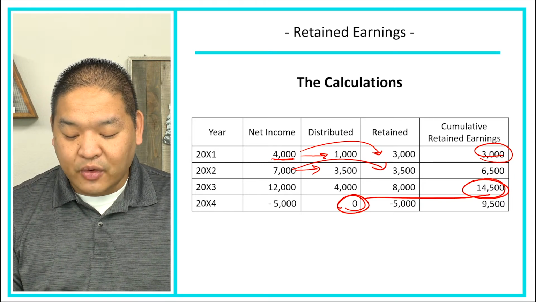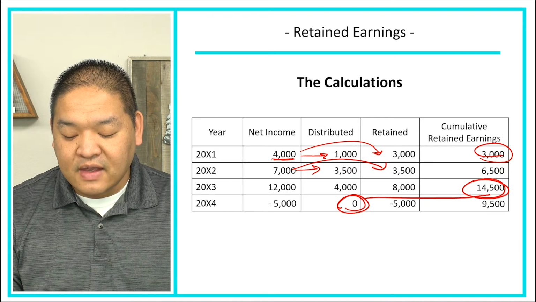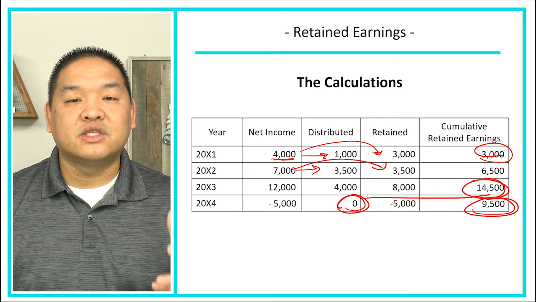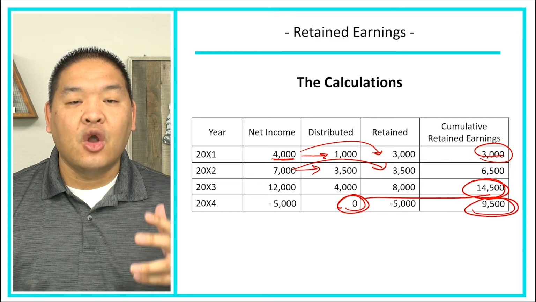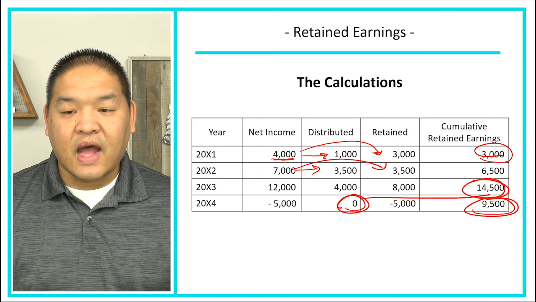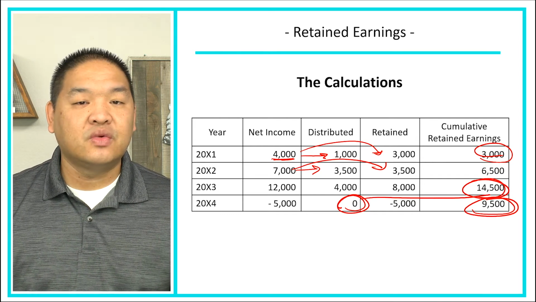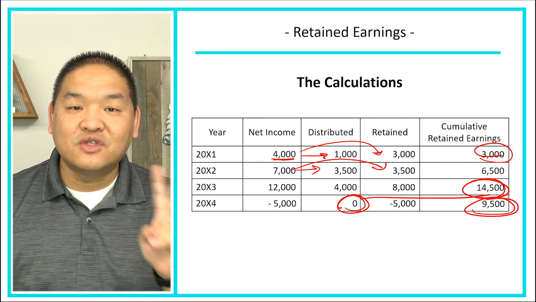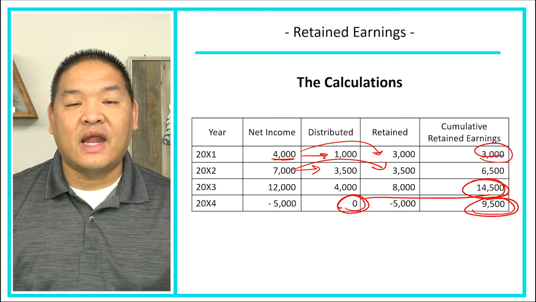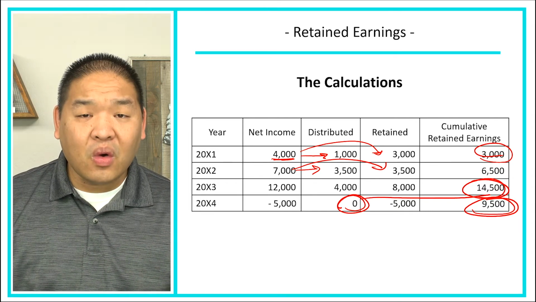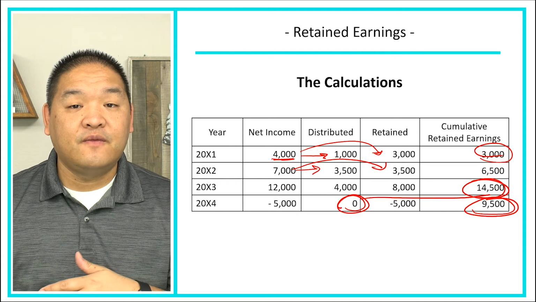And so we're going to drop our retained earnings from $14,500 down to $9,500. Now, why is that? Well, the whole reason it's being dropped by $5,000 is, where does that money come from, right? If I'm in a net loss, one of two things happens: either the investors are going to have to put in money to cover the $5,000 loss, or it's going to come from prior earnings.